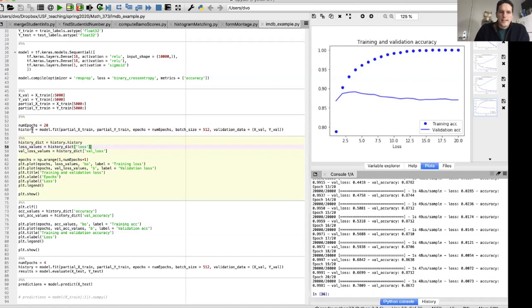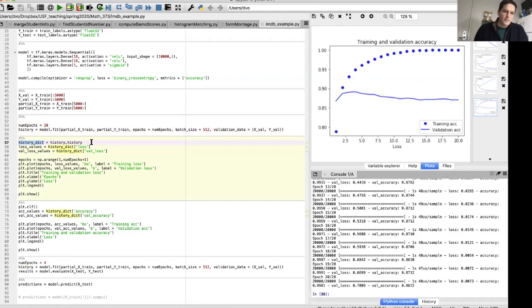This history variable contains a lot of useful information about various metrics that were recorded during the training. Here we're extracting a Python dictionary, which is part of the information stored in this history variable.